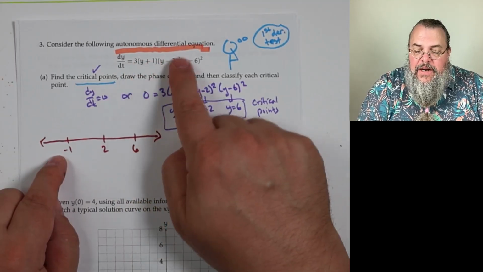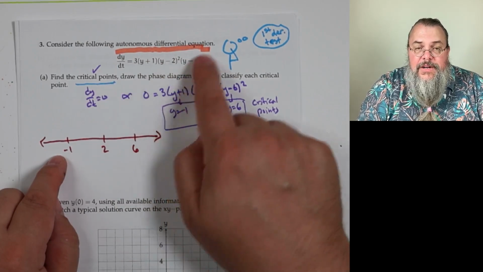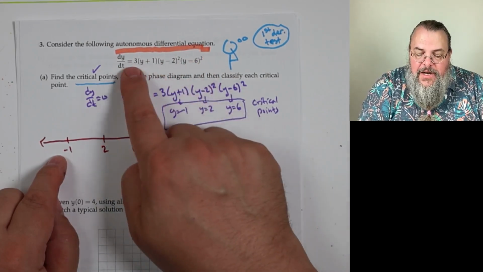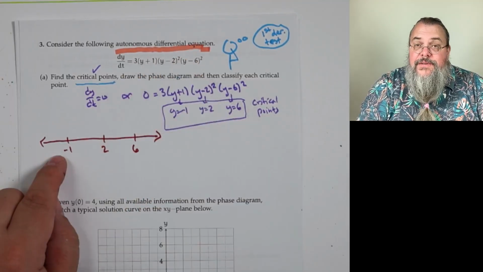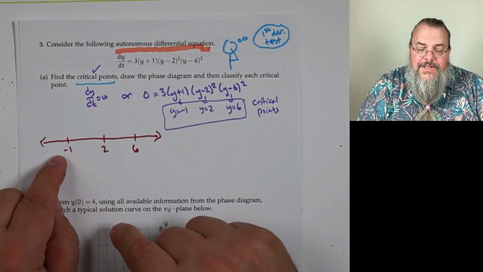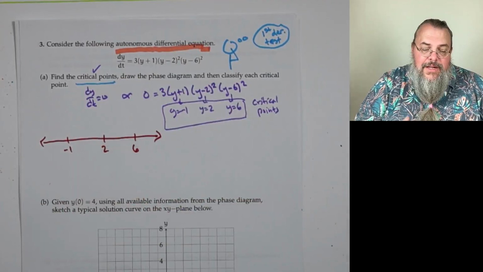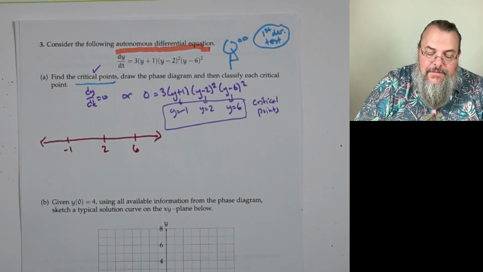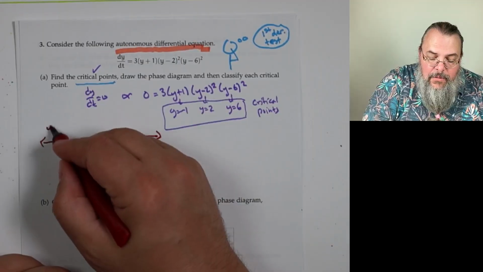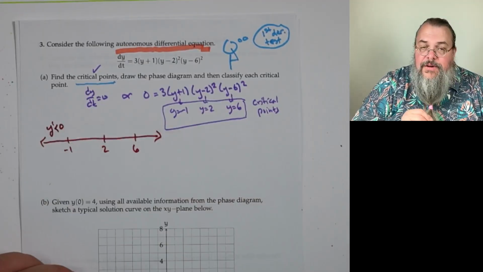And because you're squaring here, it's positive, and you're squaring here, it's positive. So positive, negative, and positive, positive. So what does that tell us? It means that dy/dt, or y prime, is negative. Okay, so y prime less than 0.